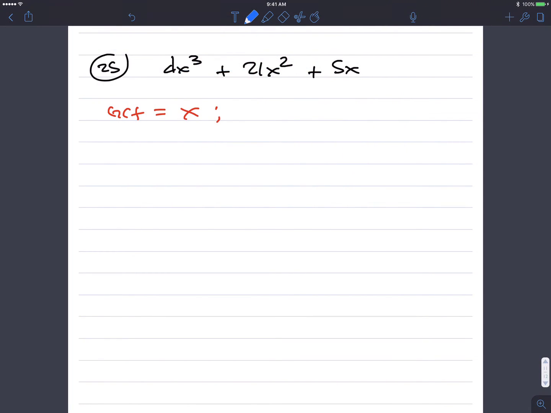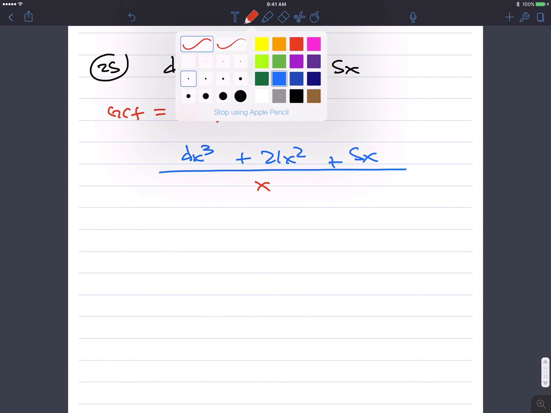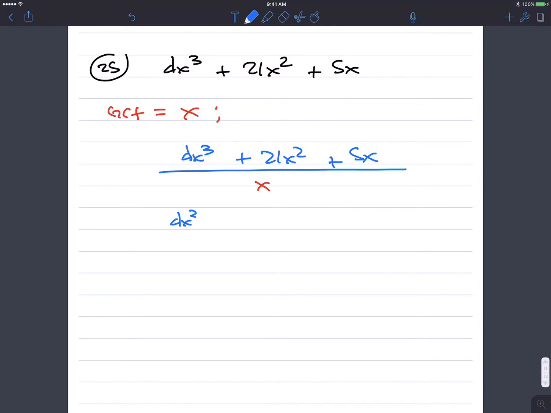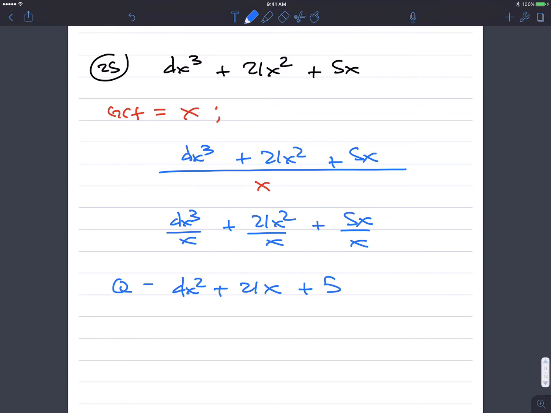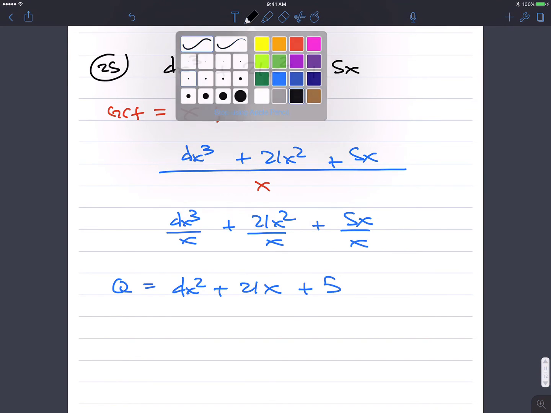Let's find the quotient. 4x cubed, 21x squared, 5x, divided by the x. 4x cubed over x, 21x squared over x, 5x over x, don't we get 4x squared plus 21x plus 5. That's my quotient.